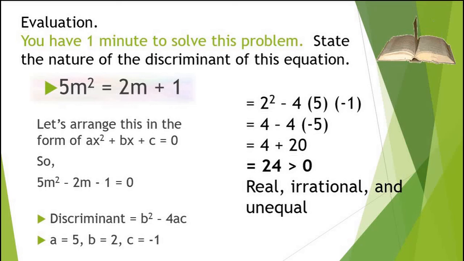So that would be 4 minus 4 times negative 5, so that would be 4 plus 20, which the answer would be 24. 24 is greater than 0. So the nature of the roots is real, irrational, and unequal.